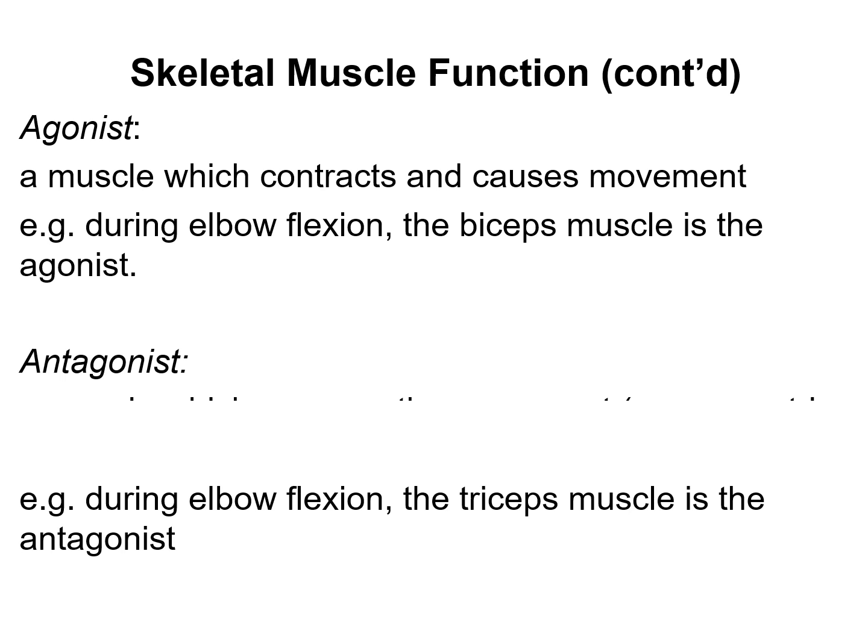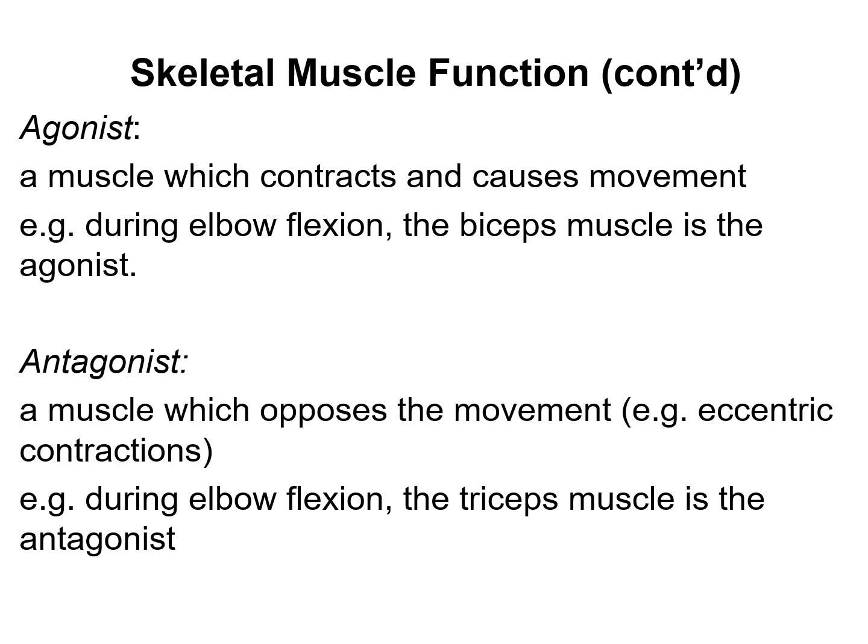So during elbow flexion, the biceps muscle is the agonist. The exact opposite of an agonist is an antagonist, which opposes the desired movement. Either it's doing eccentric contractions or it's relaxed. So during elbow flexion, the triceps muscle is the antagonist.